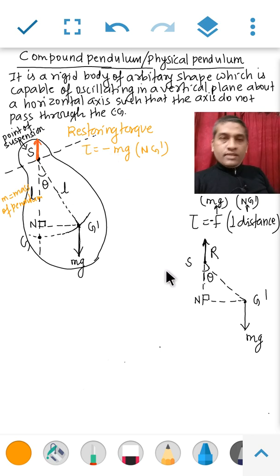And we know g is 9.8 meter per second square. Now we can write tau equals minus mg. Now let us find NG dash from this figure.